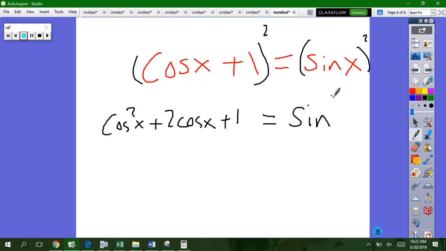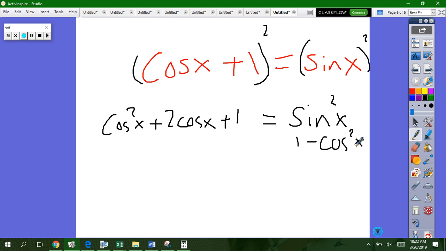Now, who do I want to change? Do I want to change the sine or the cosine? The sine, because could I change a cosine squared to sine squared? Is that okay? Could I change that regular cosine, though? That's our issue. So therefore, that's why sine is going to be changed to 1 minus cosine squared.